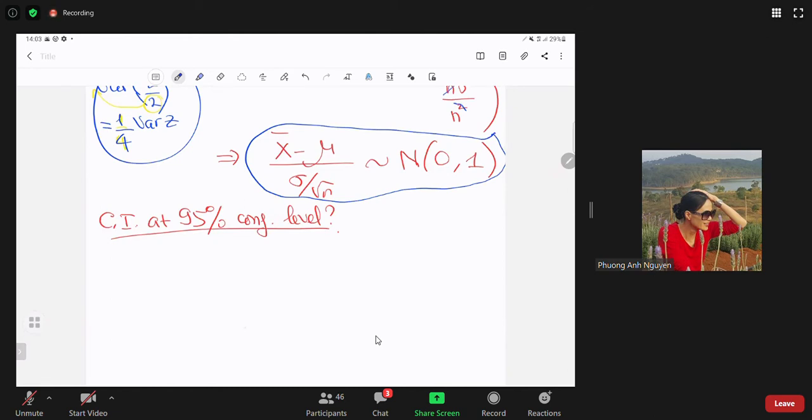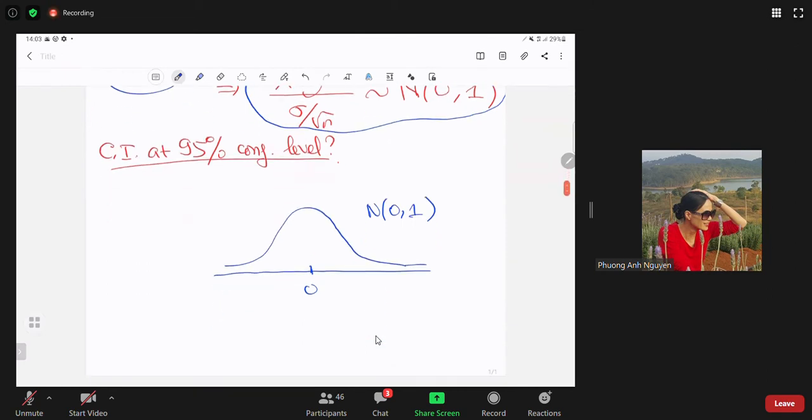And then I draw the N(0,1) standard normal distribution, and clearly it's symmetric about the value 0. I wonder what the interval is containing 95% of the population, that is 0.95.